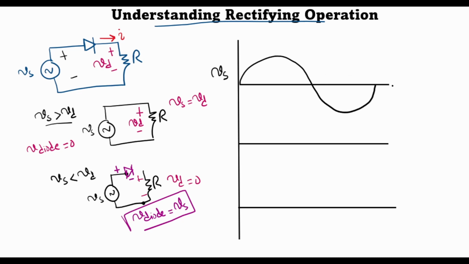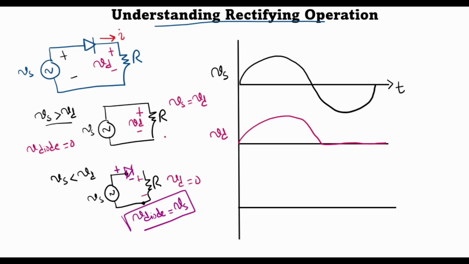This is Vs versus T. The load voltage Vd will equal to Vs as long as Vs is greater than 0. So during the positive half cycle, Vd will equal Vs, and during the negative half cycle, Vd will be equal to 0. So this is the voltage across the resistance R.